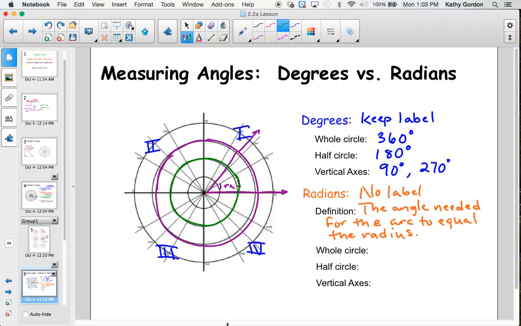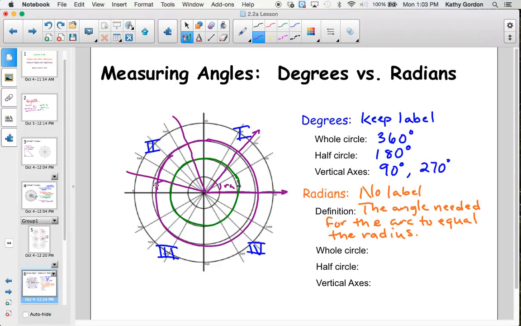Now, if this was 1 radian, go back out here to purple, then add another one. That's about where 2 radians is. About there. Add another one, we're out here to about 3 radians.